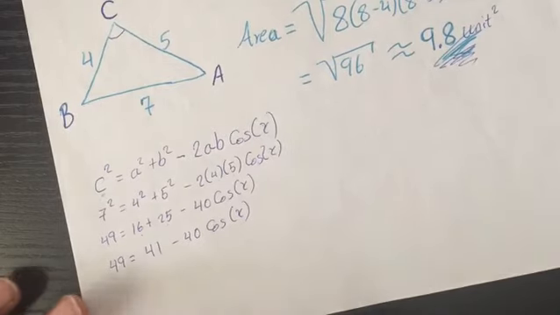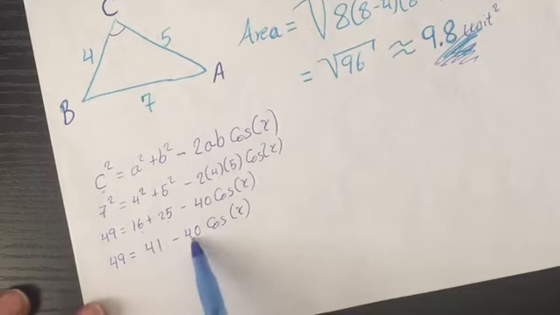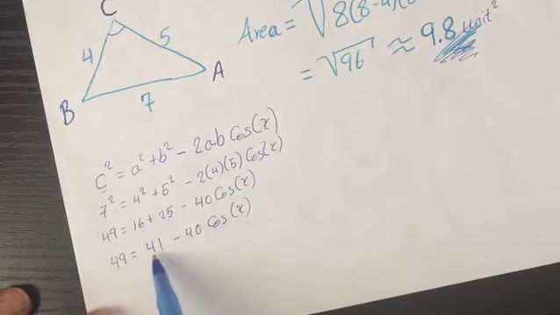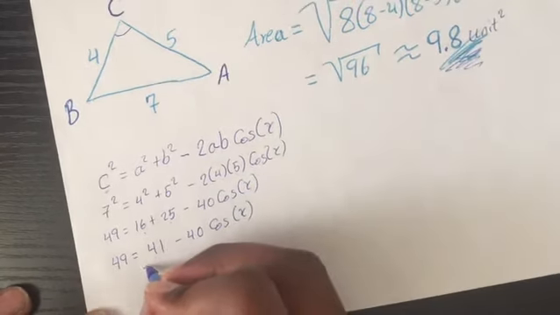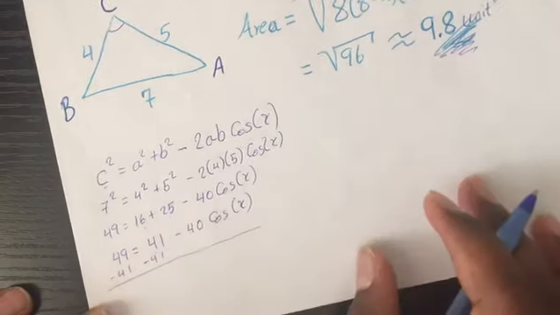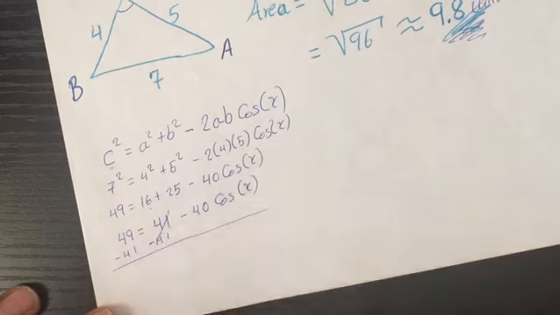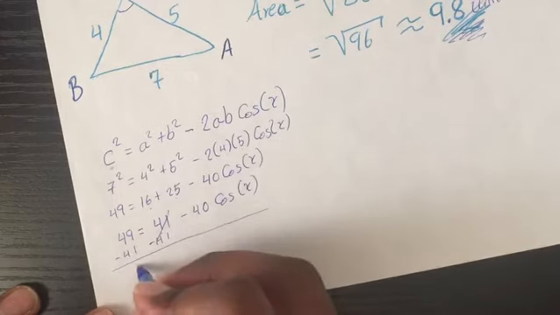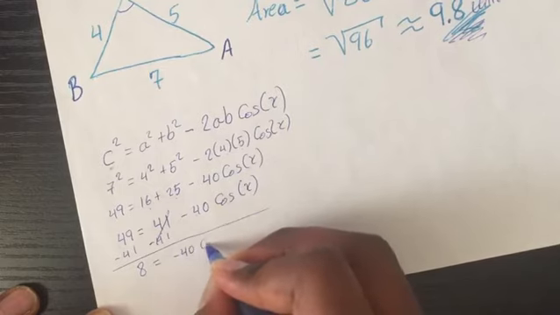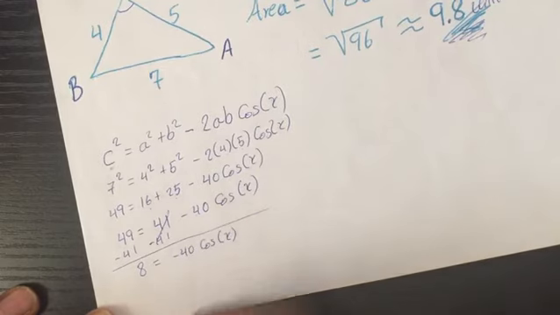Now, those 2 I can't subtract because the 40 is being multiplied to the cosine. So I have to get rid of the 41 first by subtracting 41 from both sides. 49 minus 41 is 8 equals negative 40 cosine of gamma.